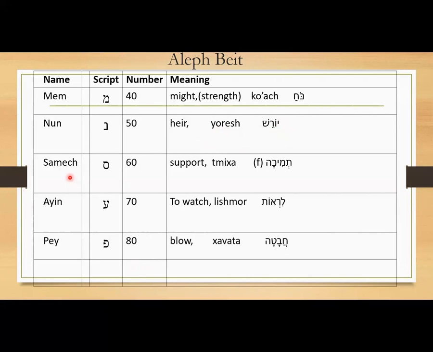Samech. Have a look. S, there's the S. It's a lovely square little figure. 60. Samech, 60. So that's quite nice to remember. Samech is 60. Now we're going to use the word support.